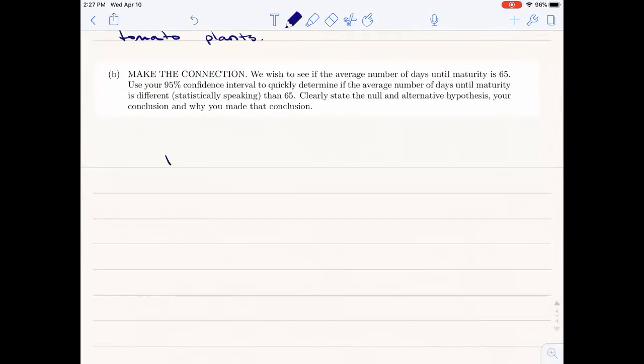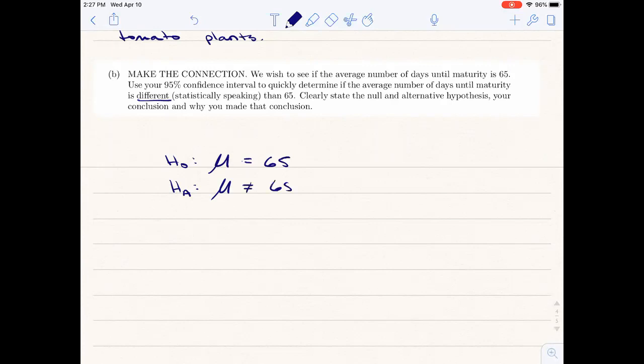And so our null hypothesis for one sample mean, sigma known or sigma unknown, it doesn't matter, is going to be that mu is equal to 65, right? Your null hypothesis is that mu equals the value you want to compare your sample mean to. And your HA is that mu, we just want to know if it's different.